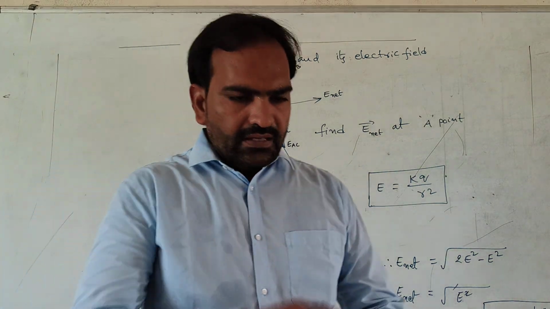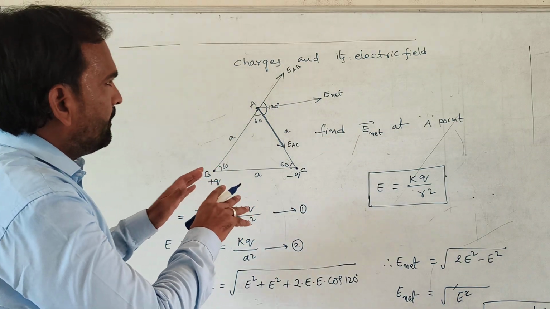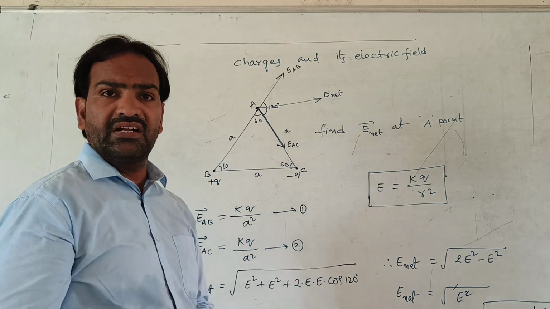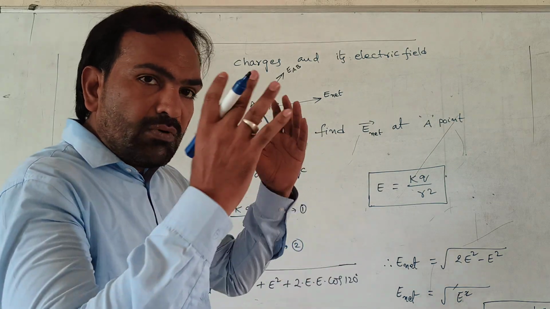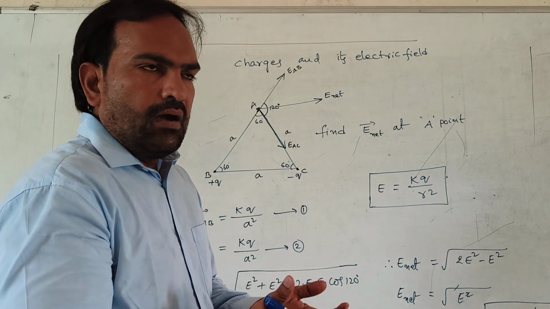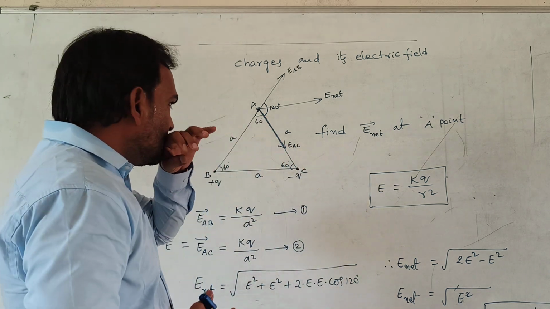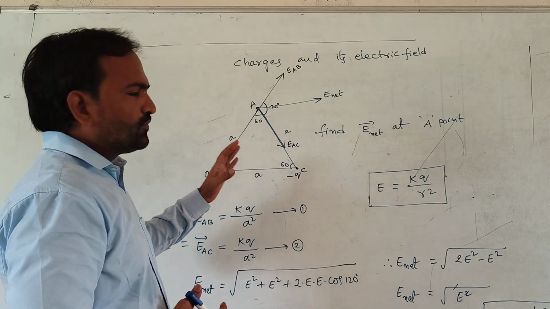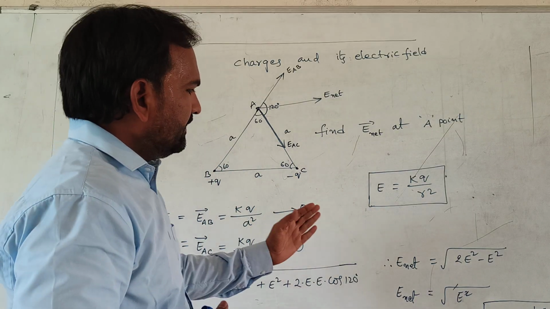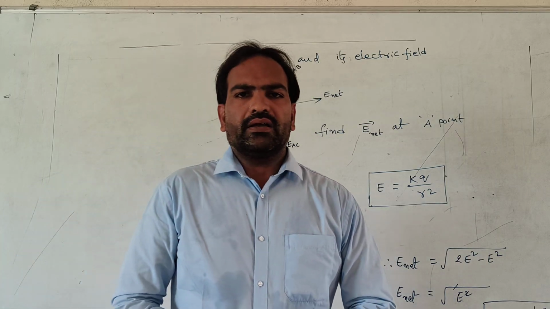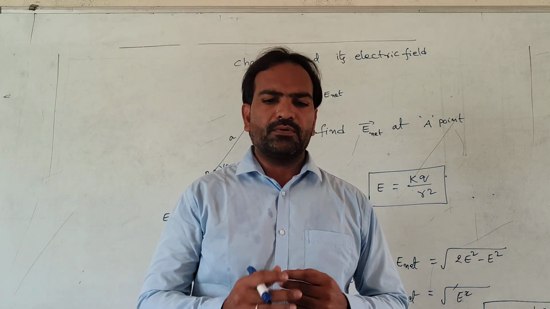Okay students, this is a simple formula. With the help of the superposition principle, we can find the electric field intensity in a system of charges by applying the electric field intensity formula. Then you get the answer E net is equal to KQ by a square. Okay students? Next class we will discuss another problem. Bye.